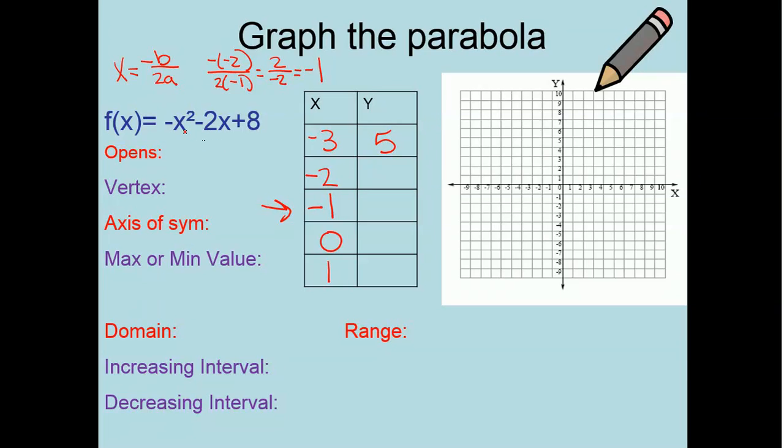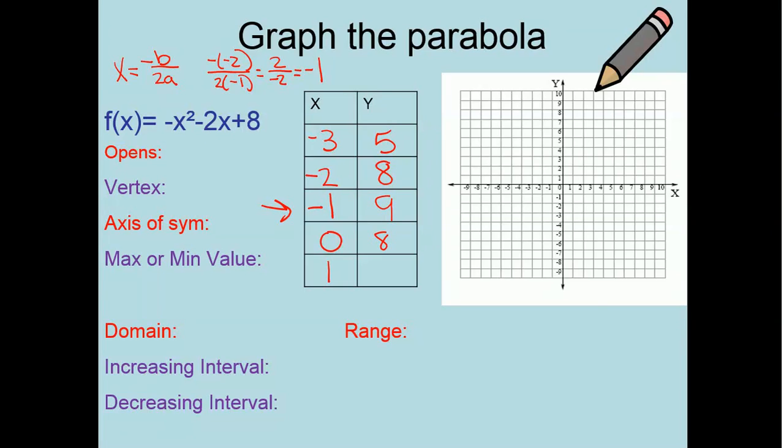Plug in a negative 2, I will get negative 4 here. Plus 4, it's gone, so I'll be left with just 8. Negative 1 squared is 1, negative 1, plus 2, 1, plus 8, 9. 0, I'll just get 8.